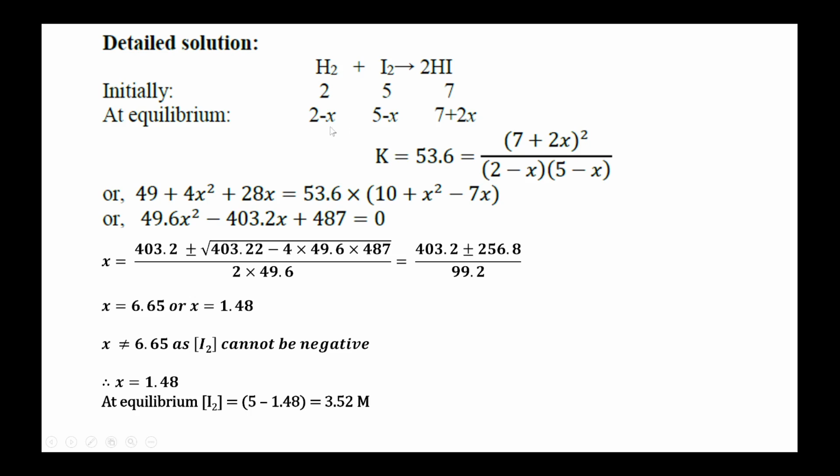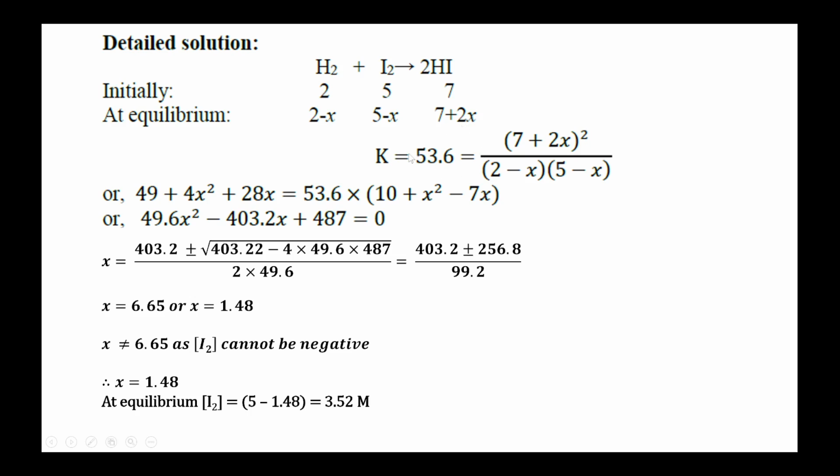So for every mole of H2 there will be 2 moles of HI. So if x moles of H2 are used, then 2x moles of HI will form. So the concentration at equilibrium for HI would be 7 plus 2x.